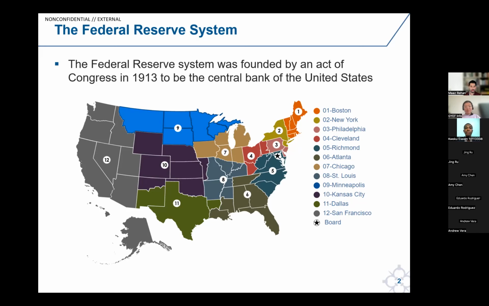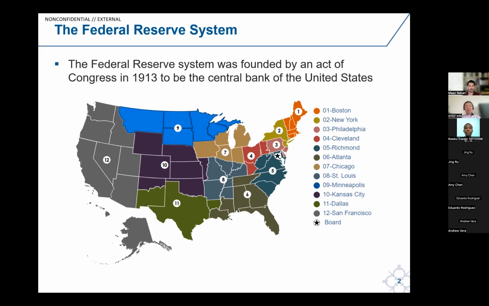To give you an example, the Federal Reserve Bank of New York covers New York State, northern New Jersey, southwestern Connecticut, as well as Puerto Rico and the U.S. Virgin Islands. If you look at the map here, it indicates the reserve banks by numbers, and we commonly refer to regions as districts.